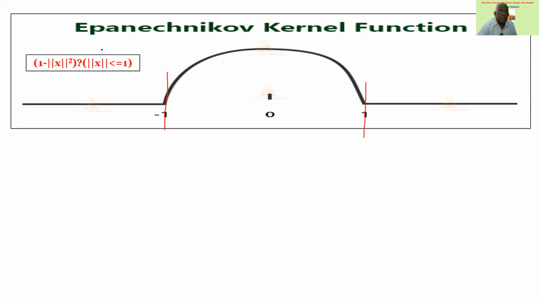That means this condition is satisfied. And so whenever you are here, the kernel function is 1 minus norm of x squared. So this is another kind of kernel function.